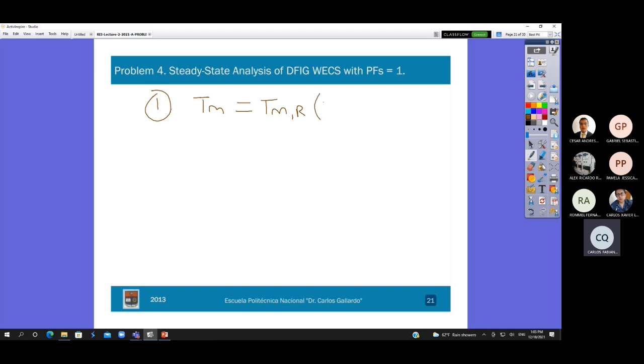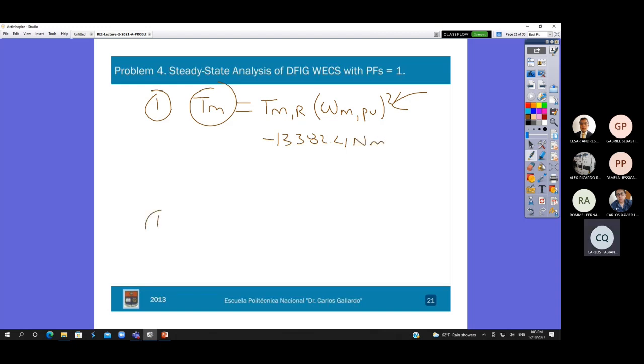So my first way, in order to compute the new mechanical torque, is using the speed ratio. Okay, so we compute this value, and this value was 0.4 Newton meter. Okay, this is the mechanical torque.